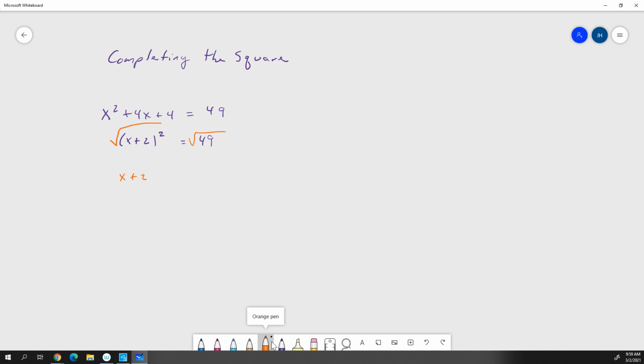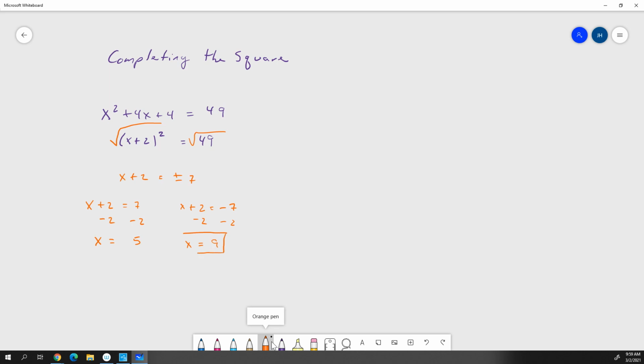And I get x plus 2 equals plus or minus 7. And then break it down into the 2. x plus 2 equals 7, and x plus 2 equals negative 7, and then I can solve, right? Subtract 2, and I get x equals 5. Subtract 2, and I get x equals negative 9.